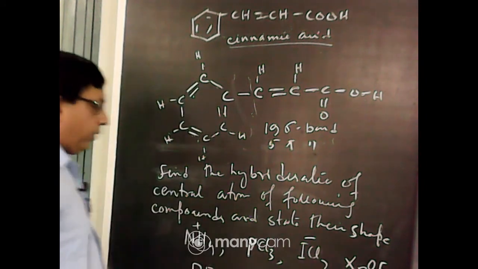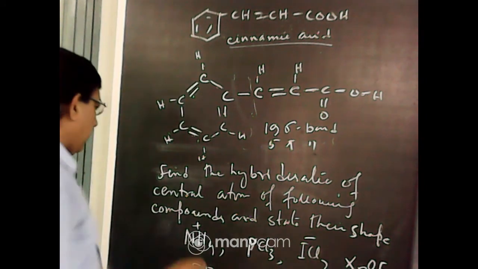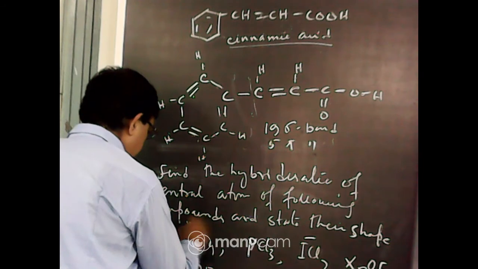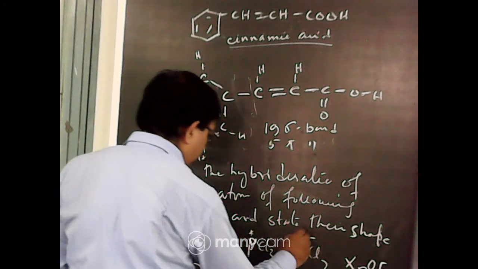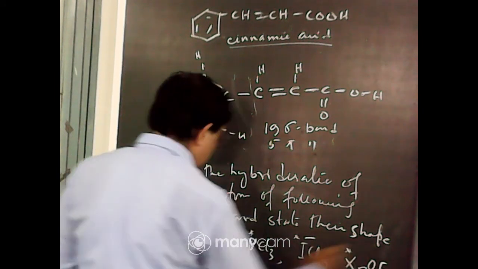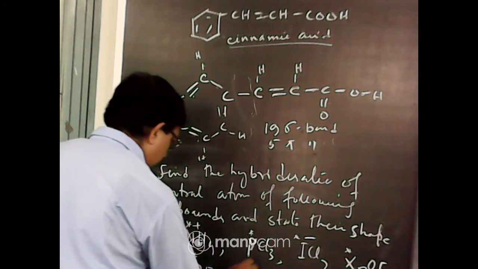These are the compounds, and you have to find out the hybridization of the central atom. Here nitrogen, here phosphorus, here iodine, here xenon, here phosphorus, here tin.